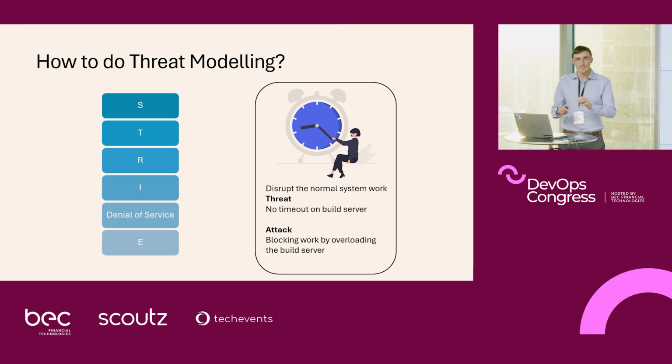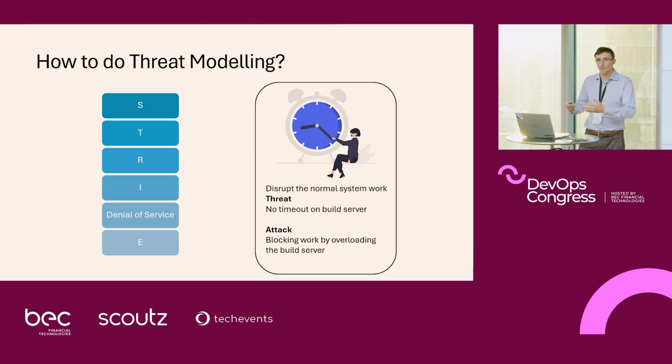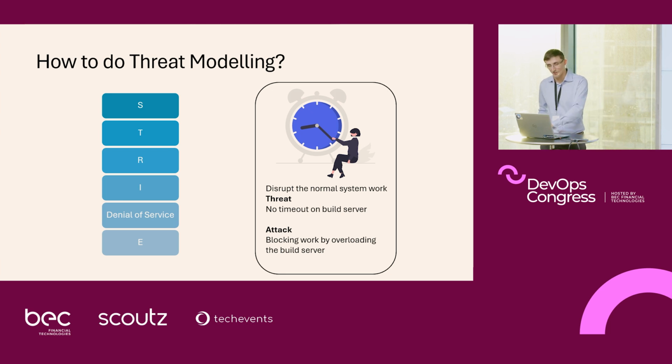For example, in the CI/CD tools environment, somebody could make so many commits to the repository that they overload the build server and make it unresponsive. As a result, it will not be possible to deploy any changes to production or do any build in our environment.